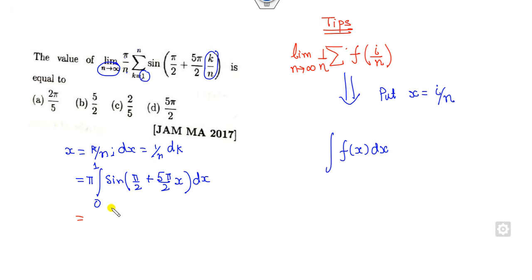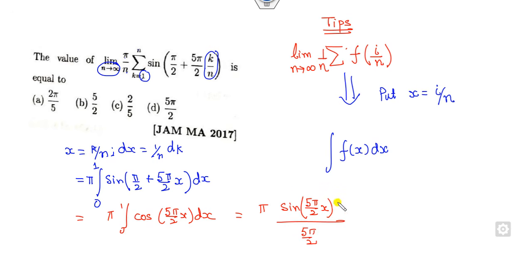Or before the integration, sine of this will be cos 5 pi by 2 x. So what is the answer of this? If you integrate them, it's pi sine 5 pi by 2 x divided by 5 pi over 2. The limit is 0 to 1. So it is 2 over 5.